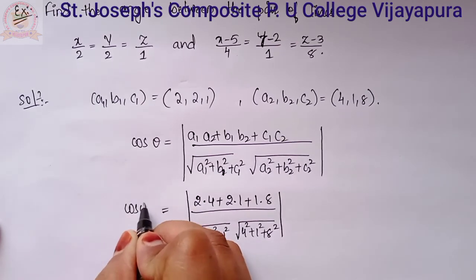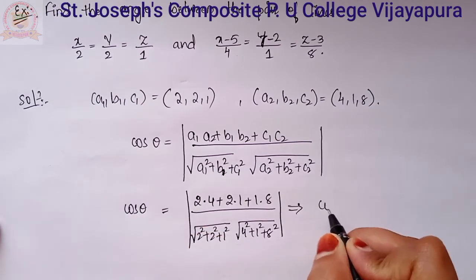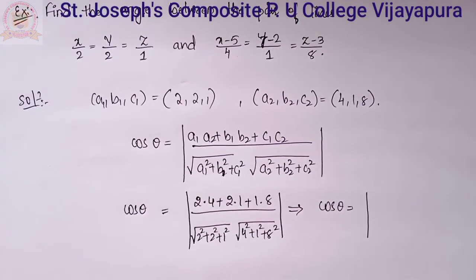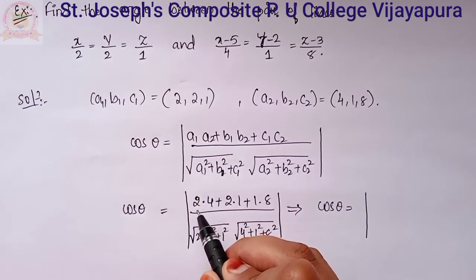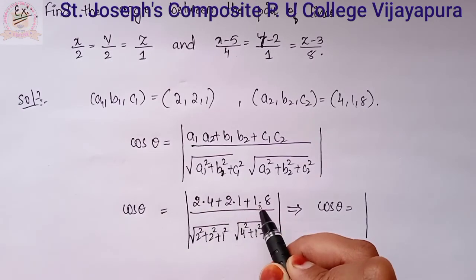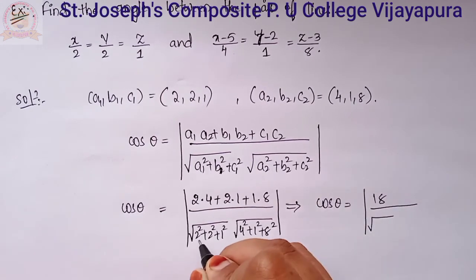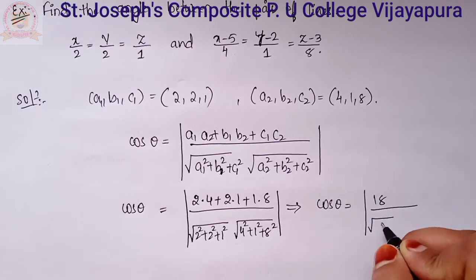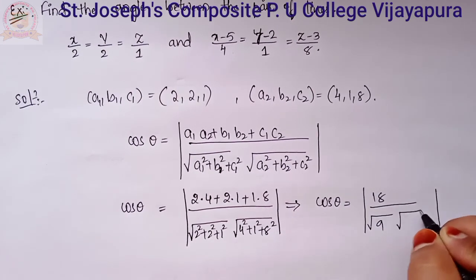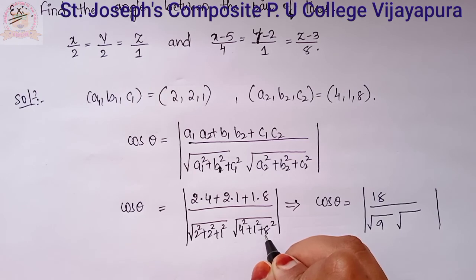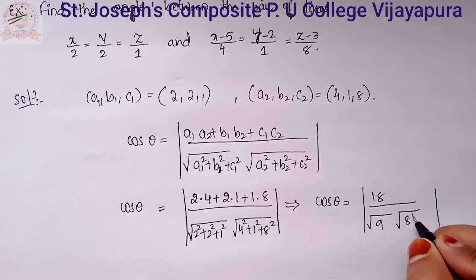Now we have to simplify this. This implies cos theta is equal to 2 into 4 is 8, 8 plus 2 is 10, 10 plus 8 is 18, divided by root of 2 square plus 2 square plus 1 square is 9, into root of 4 square is 16, 16 plus 1 square is 17, 17 plus 8 square, 17 plus 64 is 81.